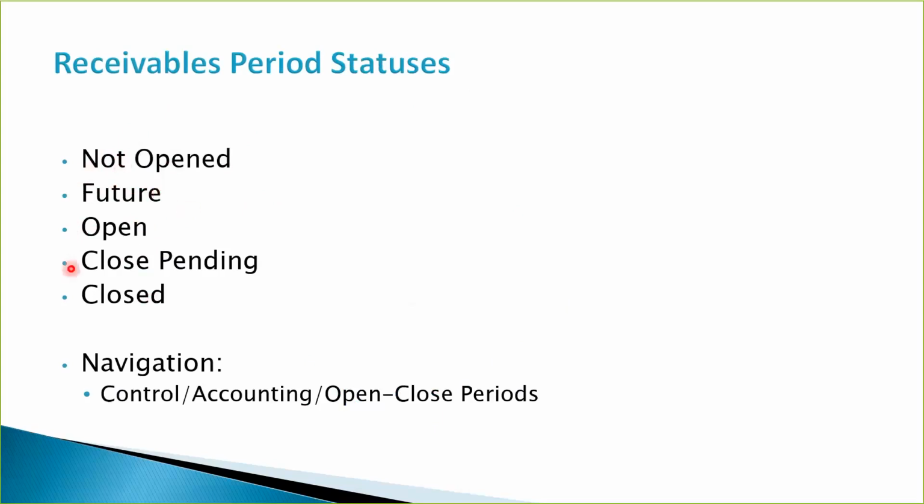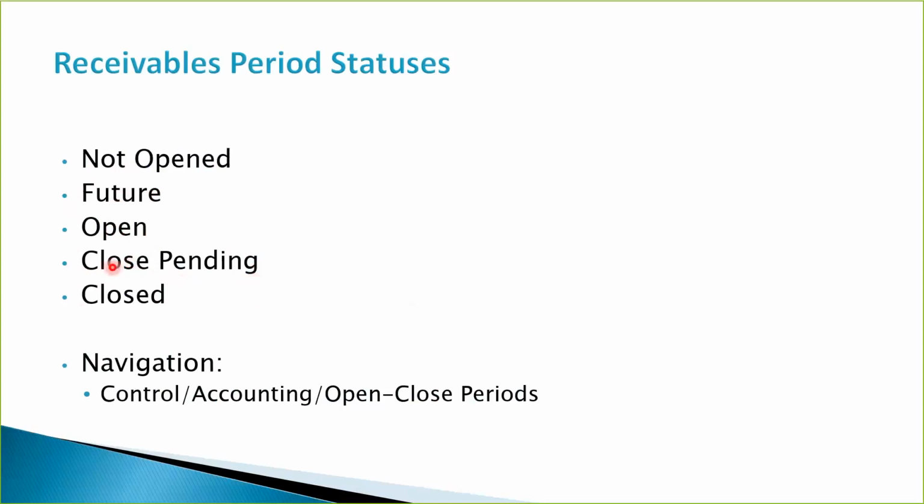And then you have close pending. So you can put a period in close pending status. You cannot enter transactions here. You cannot post them, okay? But there's also a difference between closed and close pending. You can put a period into close pending status if there are incomplete transactions, but you cannot close a period if there are incomplete transactions yet, okay?